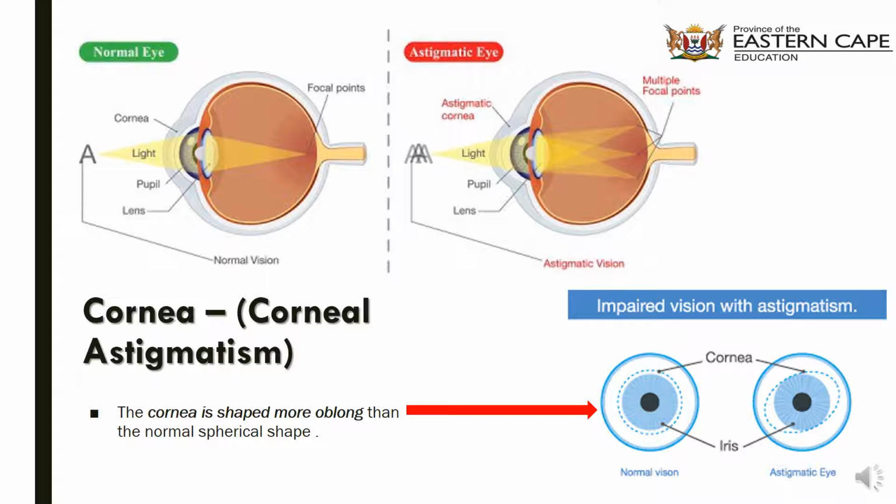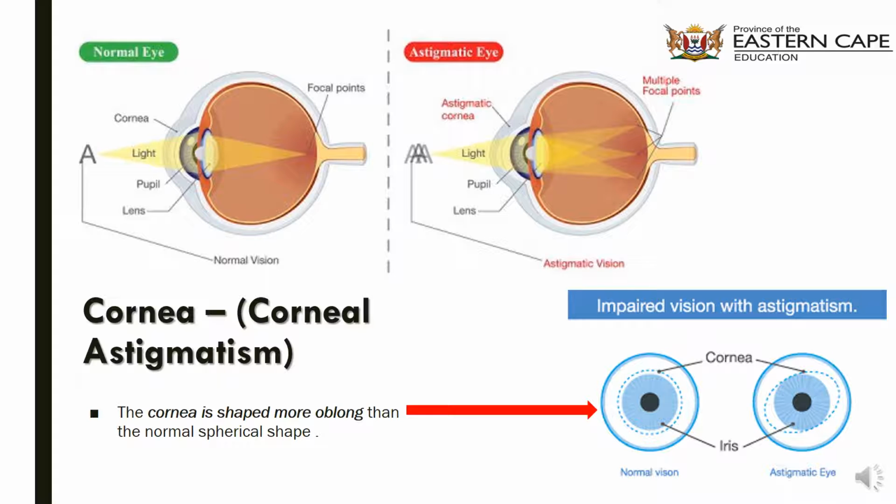On the left hand side in green is a normal eye. Our light rays are coming in, there's a perfect cornea, there's a perfect lens, and then the image forms on the retina. But now when we have corneal astigmatism, the cornea is a bit oblong, like a rugby ball, and the light rays come in, and because it is not in its expected spherical shape, you're going to end up with light rays being projected in multiple places.